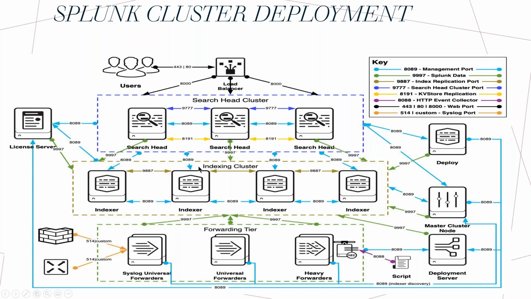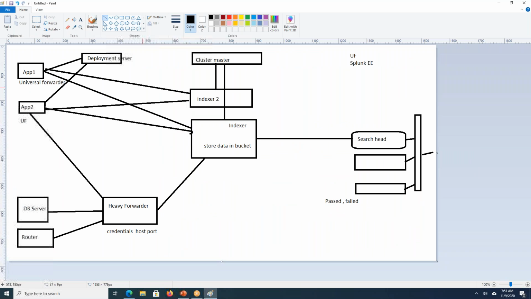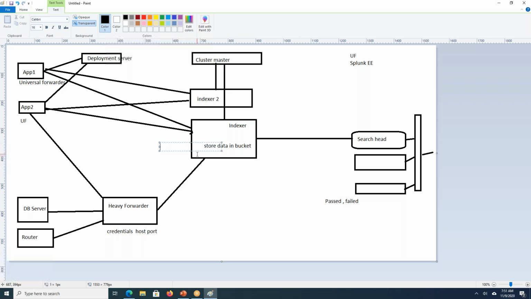I will explain what the ports are and what happens. There will be a listener port over here. There will be 3 ports. One is 9997. From this port, the indexer will listen to all the source machines like Splunk forwarders.